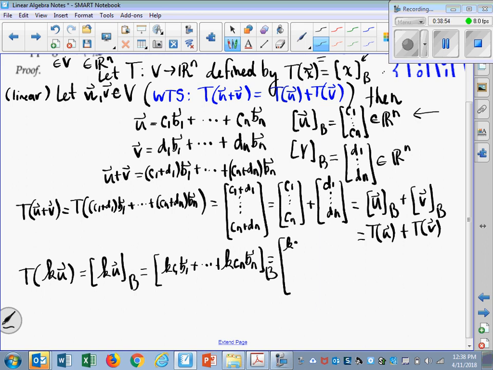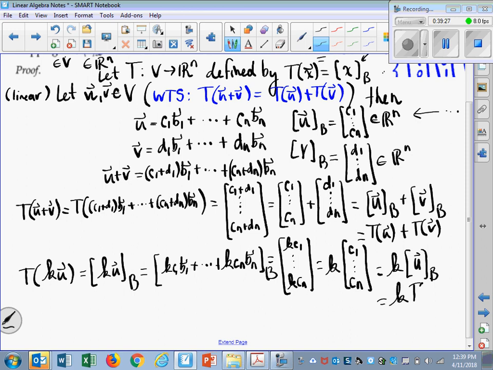Every element has a k, so pull out that k. And now this vector c1 through cn up here is really just the B coordinates of the vector u. So that's k times the B coordinates of the vector u, which is just T of u. So that's k T of u. There we go. So T is a linear transformation. T is linear. Cool.